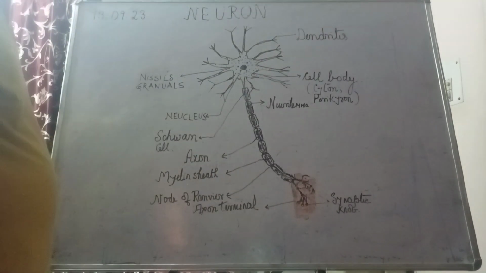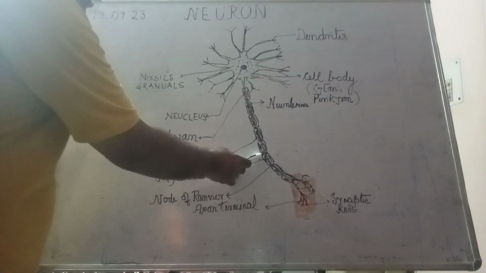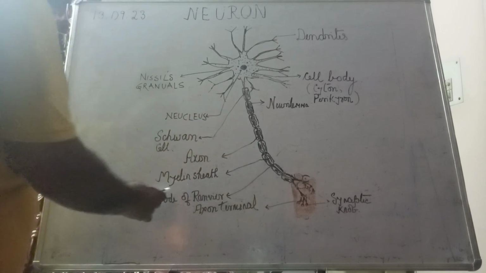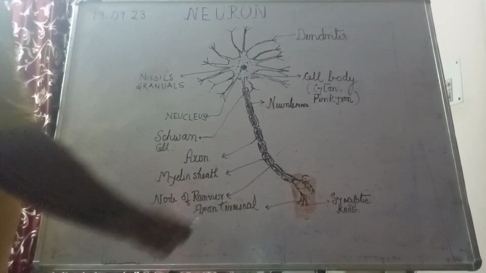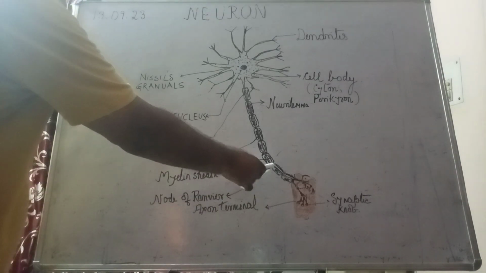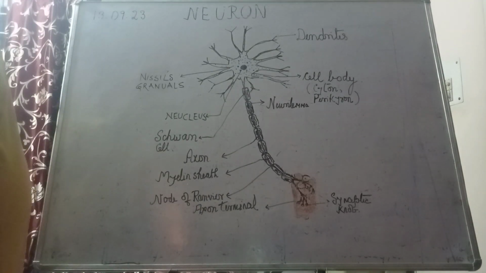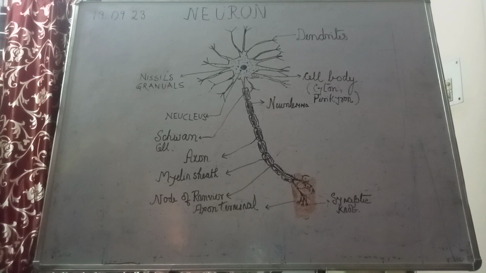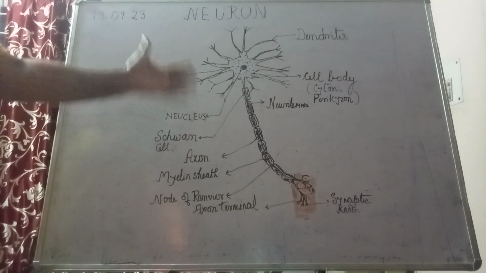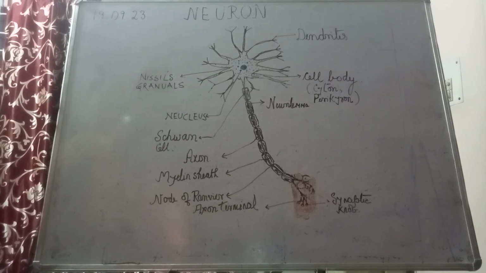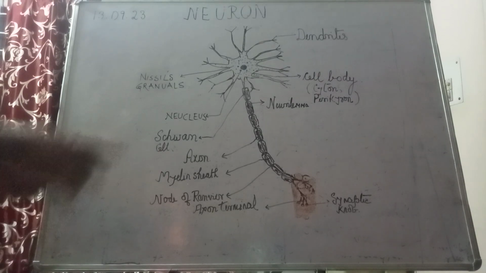In the inner part, the segments are there. Between the segments, there's a node which is called the node of Ranvier. Between the segments of the myelin sheath, there is a node which is node of Ranvier. So this you have to understand and remember.